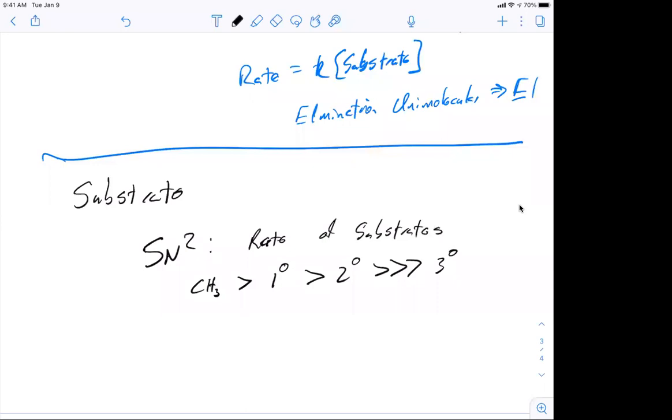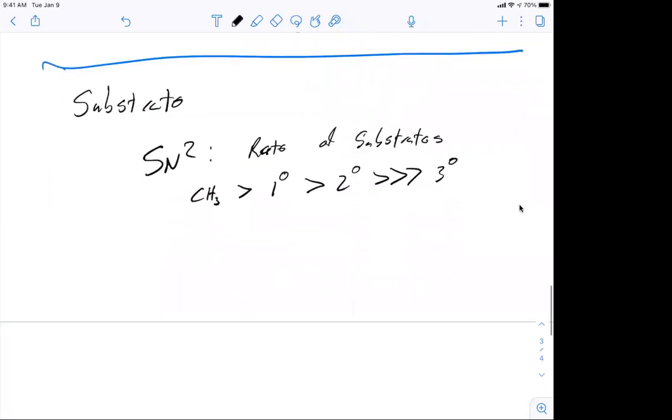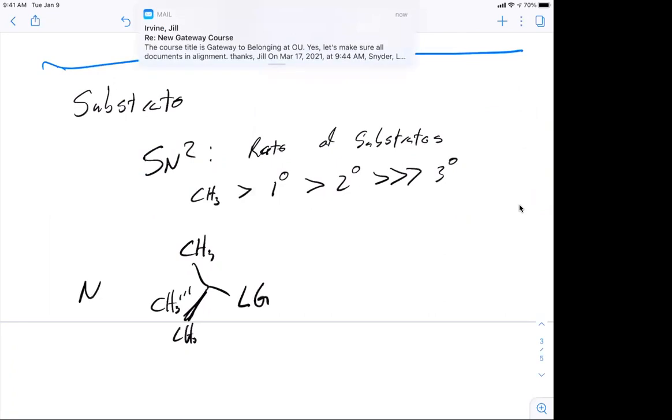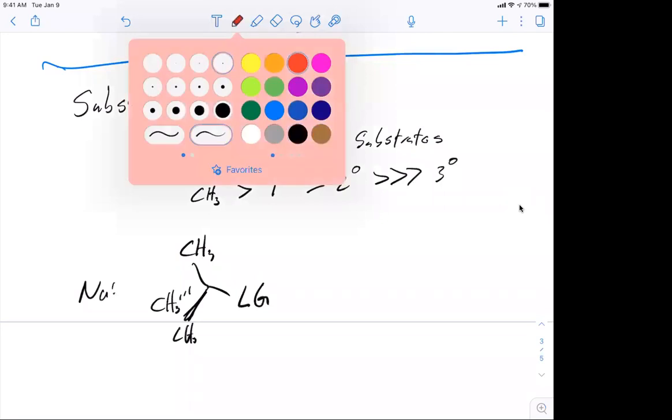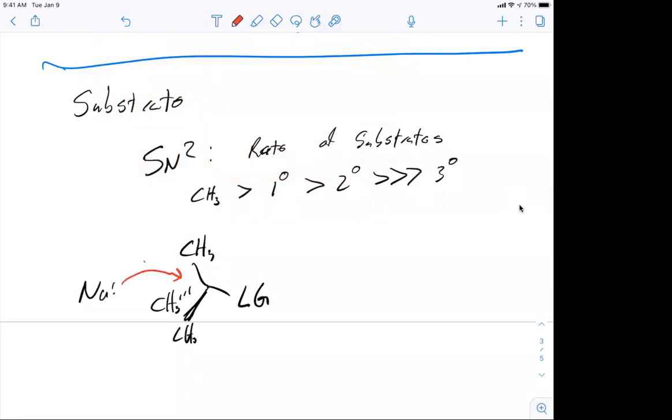That was because if we look at a tertiary, we've got a CH3 here, another CH3 here, another CH3 in our leaving group, the nucleophile needs to come in and attack that backside, but because of all the steric hindrance, we're not looking at this.